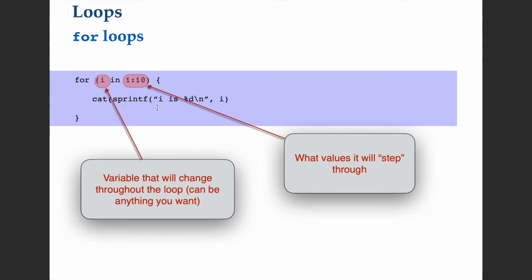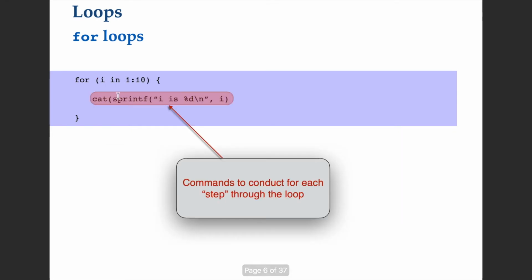And that's how loops work, right? You set conditions, you set a variable that's going to change, and you specify how that's going to change here. And then you set what commands to do each time that variable changes. Now in this case, this command is actually kind of obtuse.